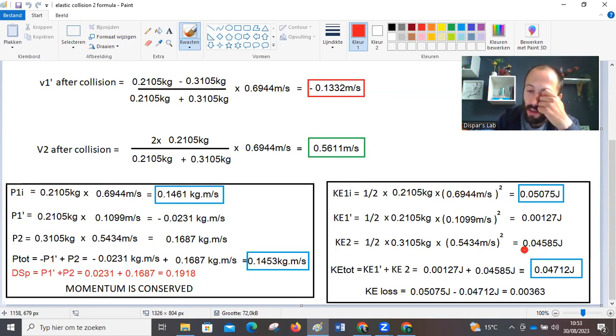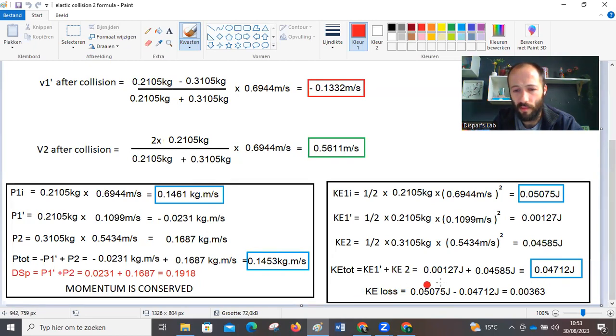So when you add them together, we get 0.04712. So now we have 0.047 versus the initial kinetic energy, which is 0.050. Again, it's less than the initial amount of kinetic energy. Small difference, but it's normal since there's always going to be a loss of kinetic energy.